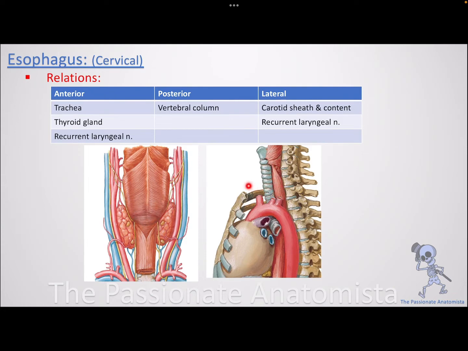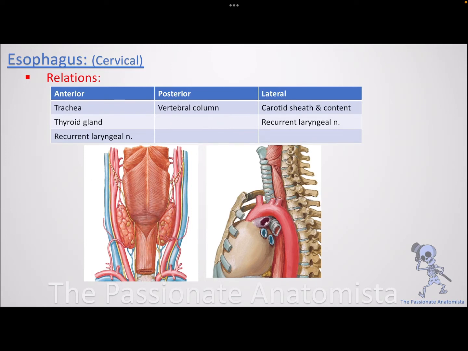From here, it extends all the way down, and here is basically the cervical part of the esophagus. Now, if we want to talk about the relations, if you look at the esophagus here, you will see that anteriorly, once you're done with the larynx, you are getting down into the trachea. So in front of the esophagus, you have your trachea. And if you look at this picture, you will find that in front of your esophagus we have the thyroid gland and the recurrent laryngeal nerve.